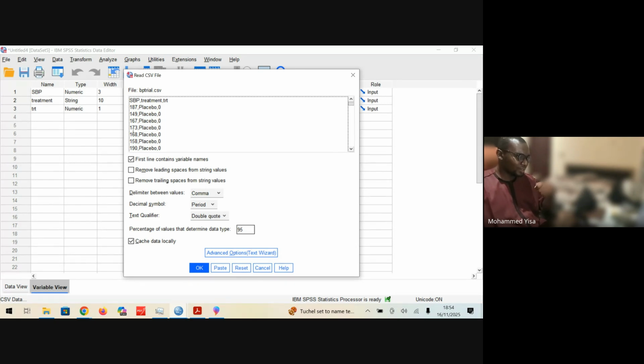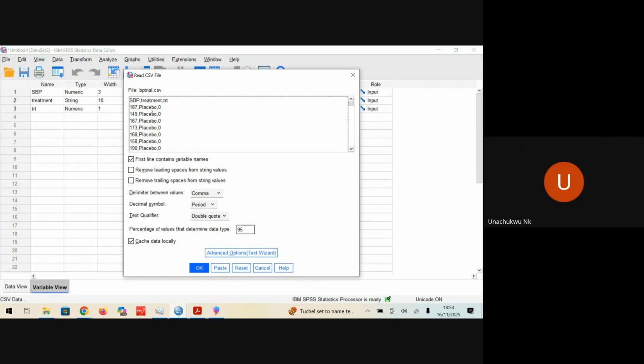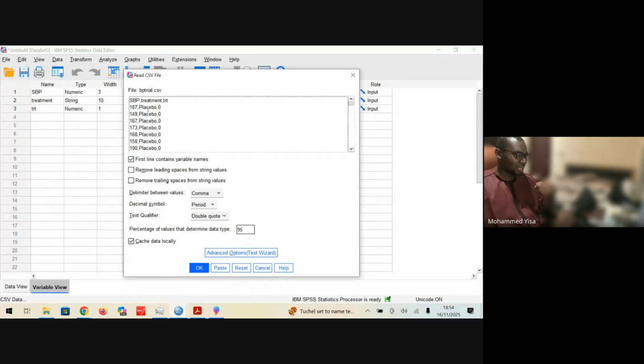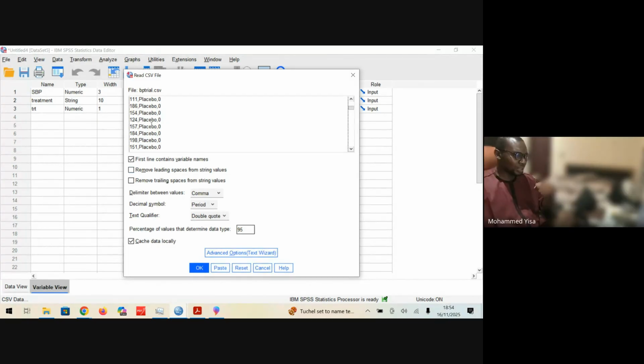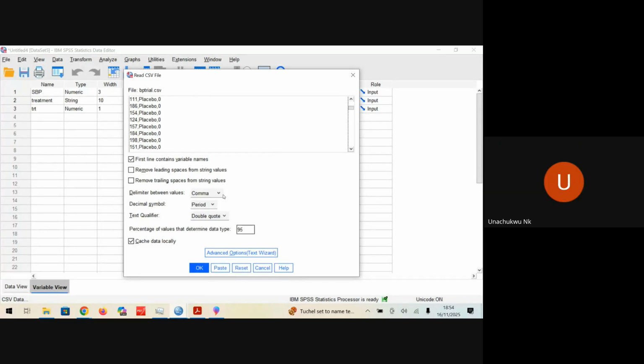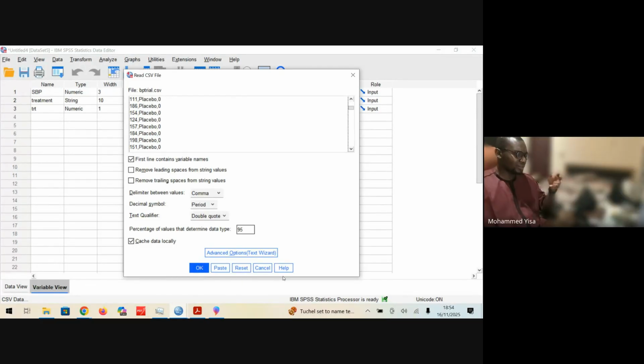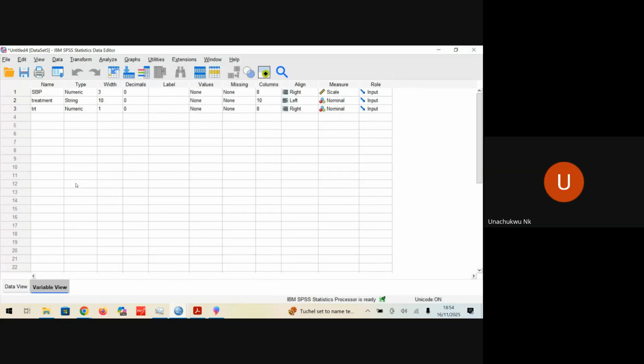SBP, or everything on the left here, is systolic blood pressure. Everything in the middle here is the treatment. That's the treatment in the value label. Everything here is 0, 1, 2. So we are using comma to separate each column, and that's why we said comma. And Okay. Once we click OK, everything will appear the way it's supposed to.